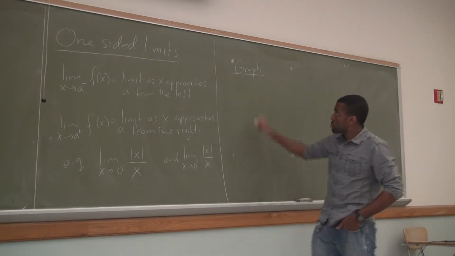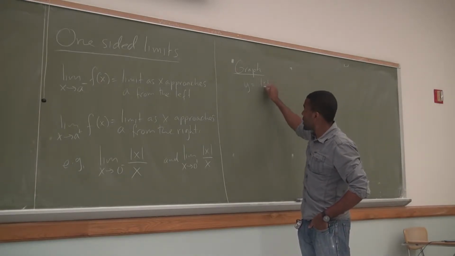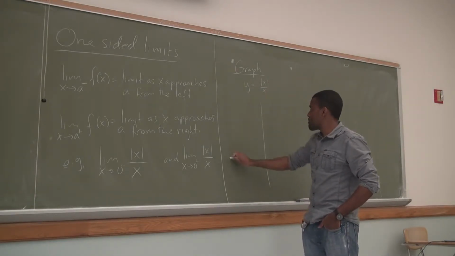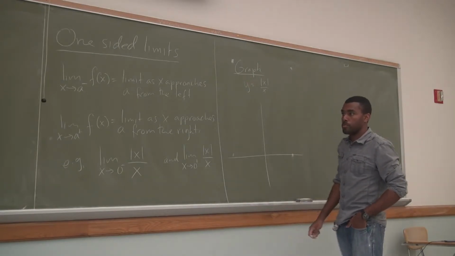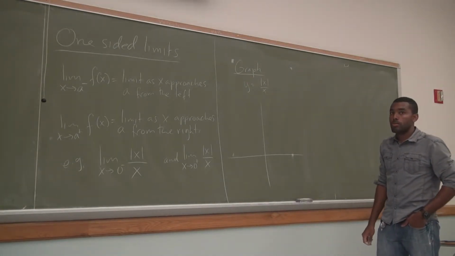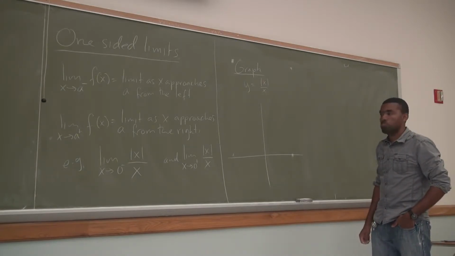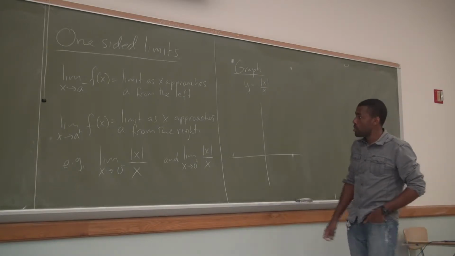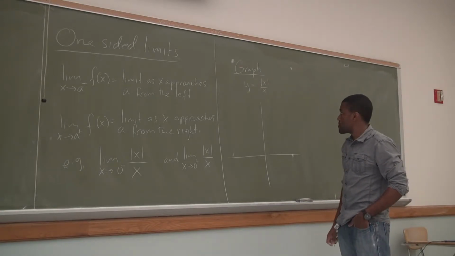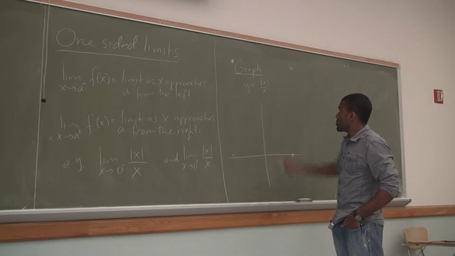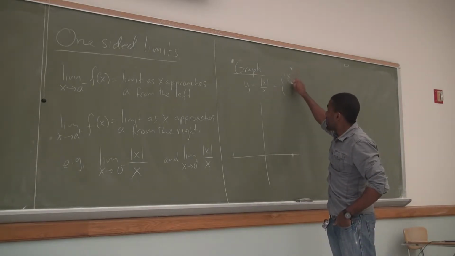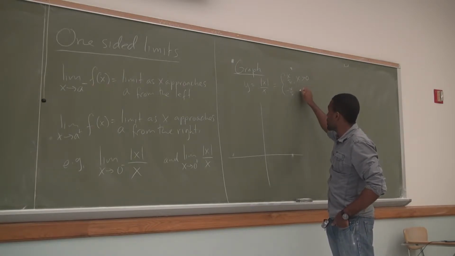What does y equals absolute value of x over x look like? The absolute x would be broken down into positive x and negative x. And we divide them. You know that this is just x over x when x is greater than 0, and I think it's minus x over x when x is less than 0.